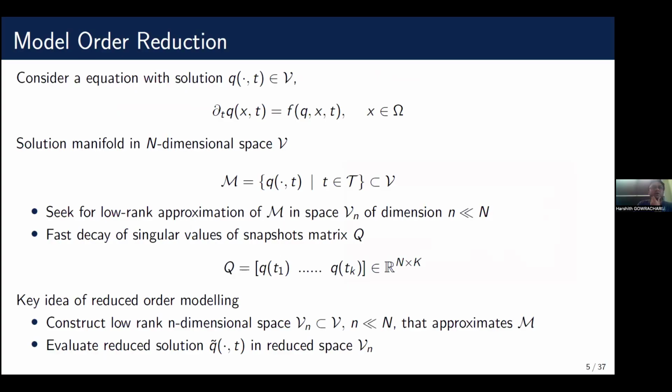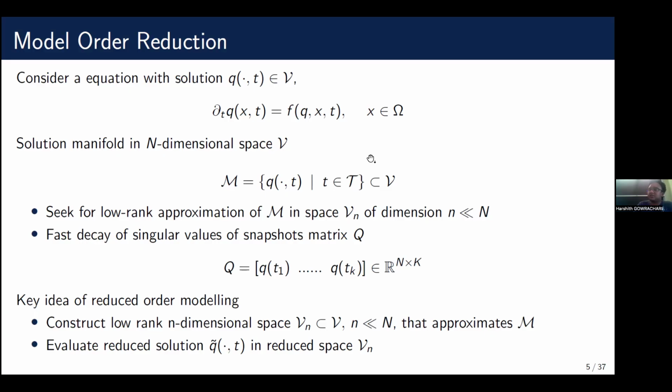This is just basically model reduction in a nutshell. Let us consider equation Q for this PDE and a solution manifold of n dimensions, which consists of all the solutions in the given time interval.